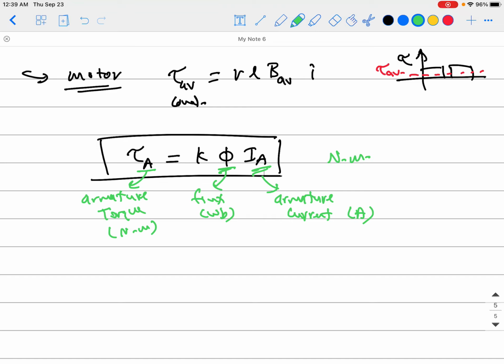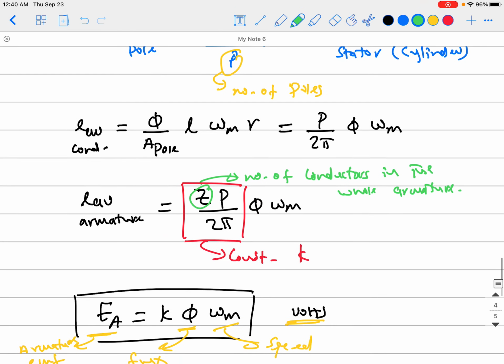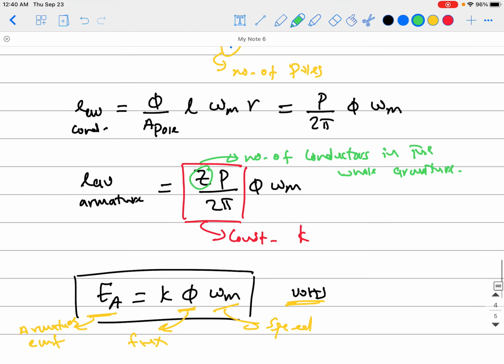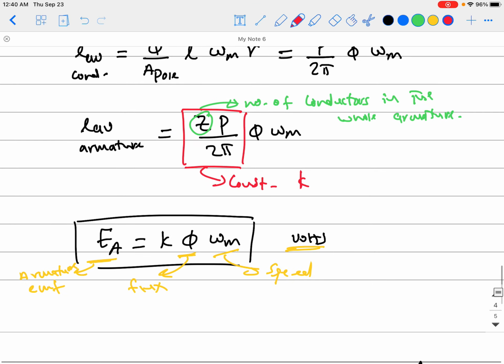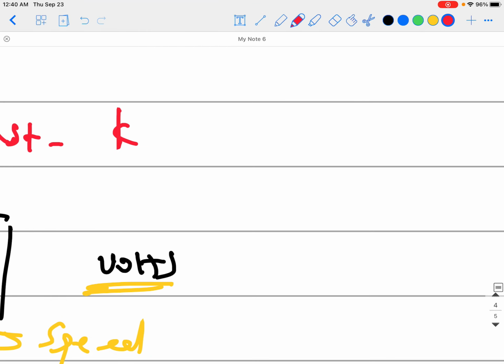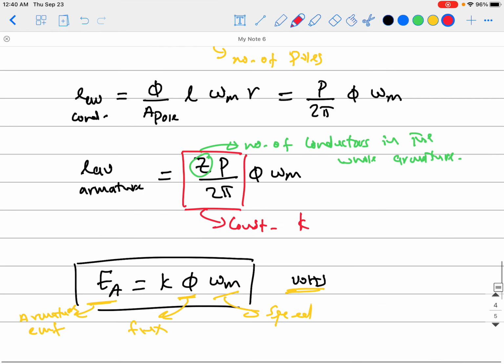You need a magnetic field and electric current moving inside a conductor, which is involved in the constant K, because K equals ZP divided by 2 pi. K equals ZP over 2 pi.